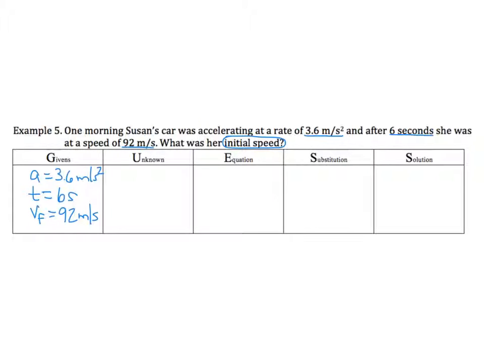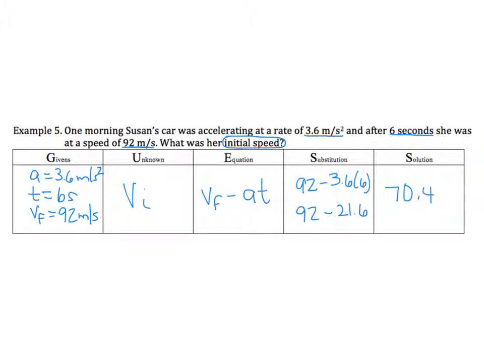Our unknown is VI. The equation for that is VF minus AT. So we have 92 minus 3.6 times 6, or 92 minus 21.6 if we work through that a little bit, giving us an answer of 70.4 meters per second because it's speed.